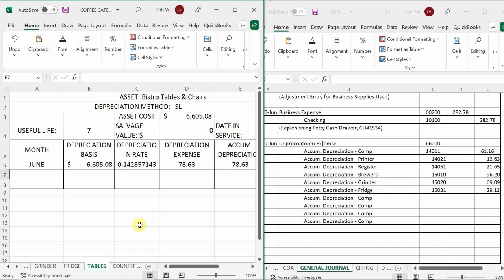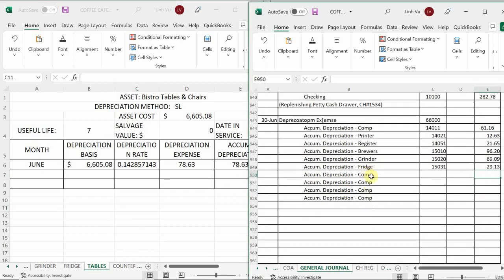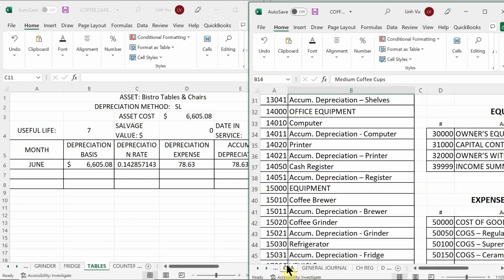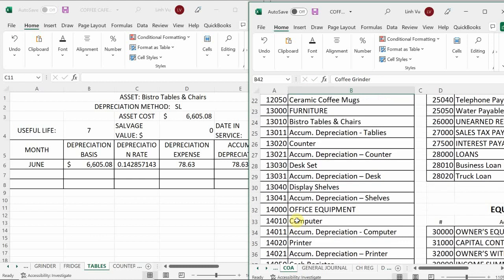I got my tables. So in this case, it's your accumulated depreciation for the tables. Let's see what our account number is for that one. Accumulated depreciation for our tables is going to be account number 13011. The next one is the counter, 13021.